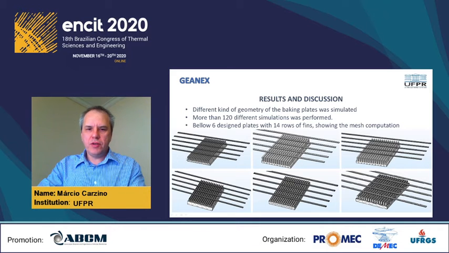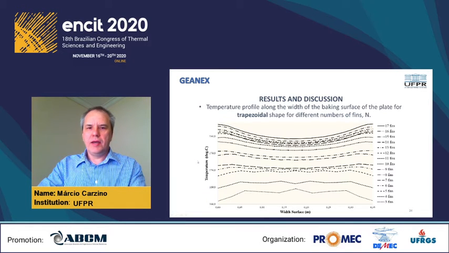These pictures show triangular, rectangular, trapezoidal, truncated cone, pyramidal, and hexahedron fins simulated in the software with the mesh. And this graphic shows a temperature profile along the width of the baking surface of the plate for trapezoidal shape from 3 to 17 fins.